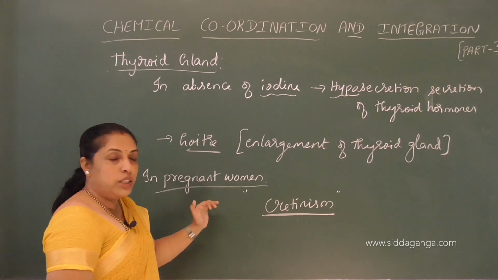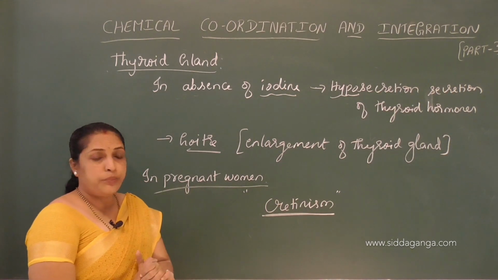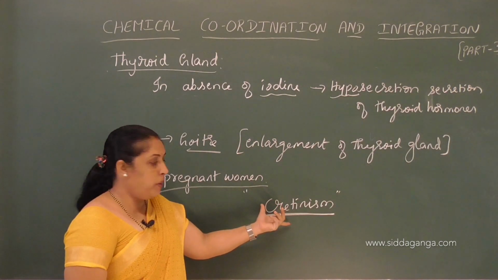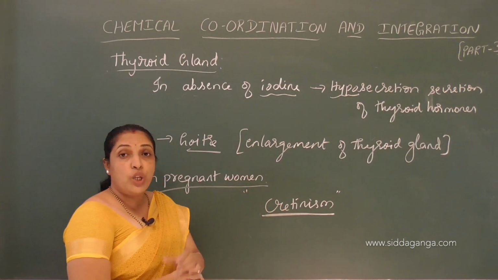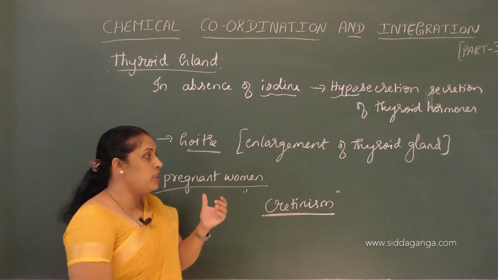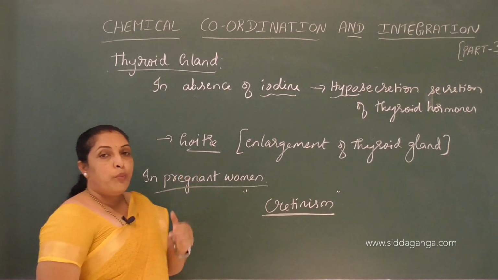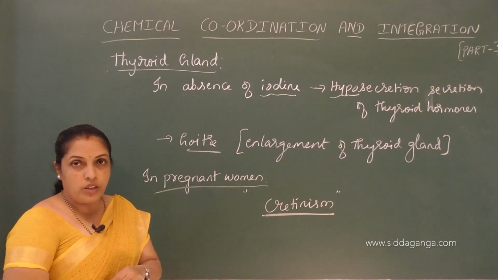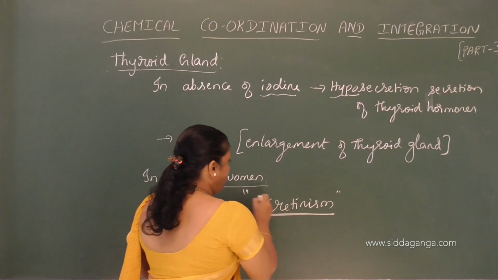And also thyroid hormone hyposecretion results in mental retardation in that baby. Mental retardation, low intelligent quotient, and deaf mutism occur in the hyposecretion of thyroid hormones in pregnant women. Understood? You should remember this point.